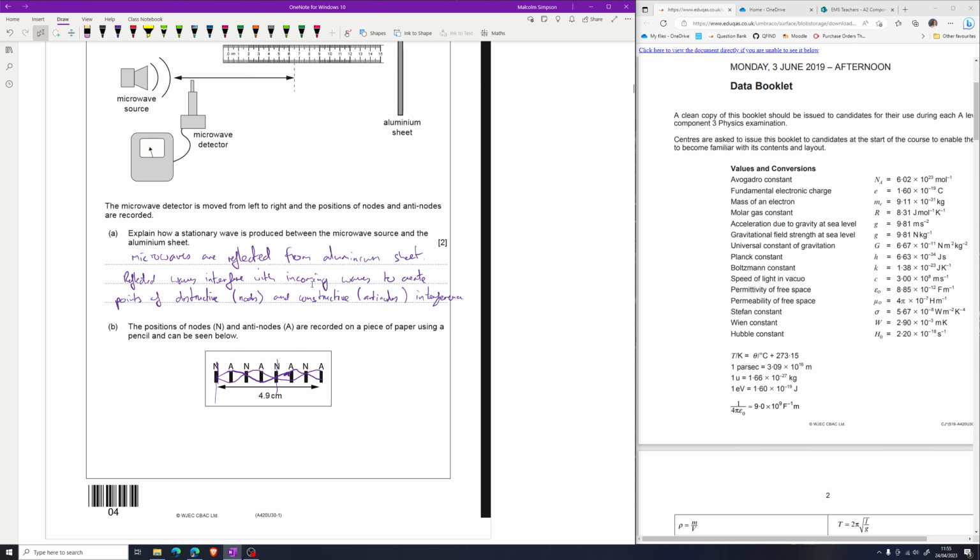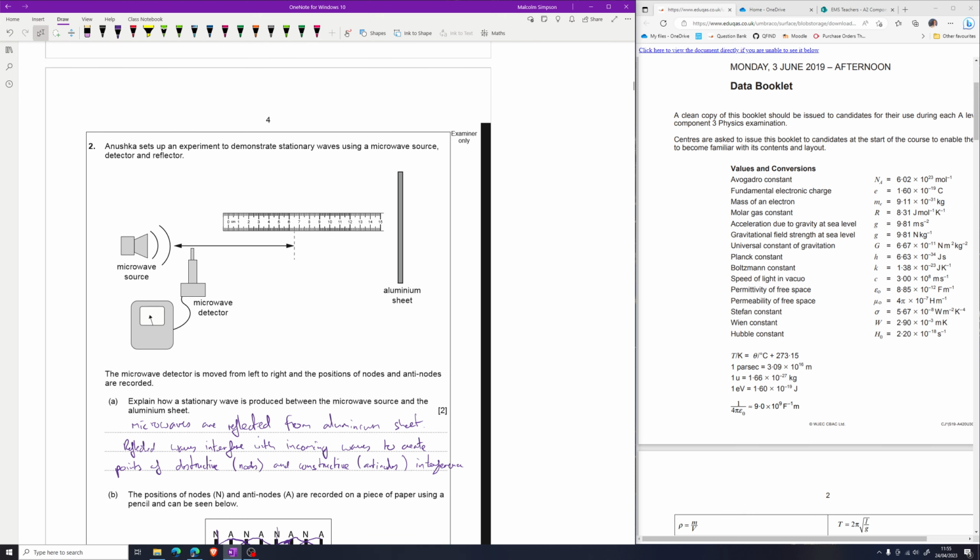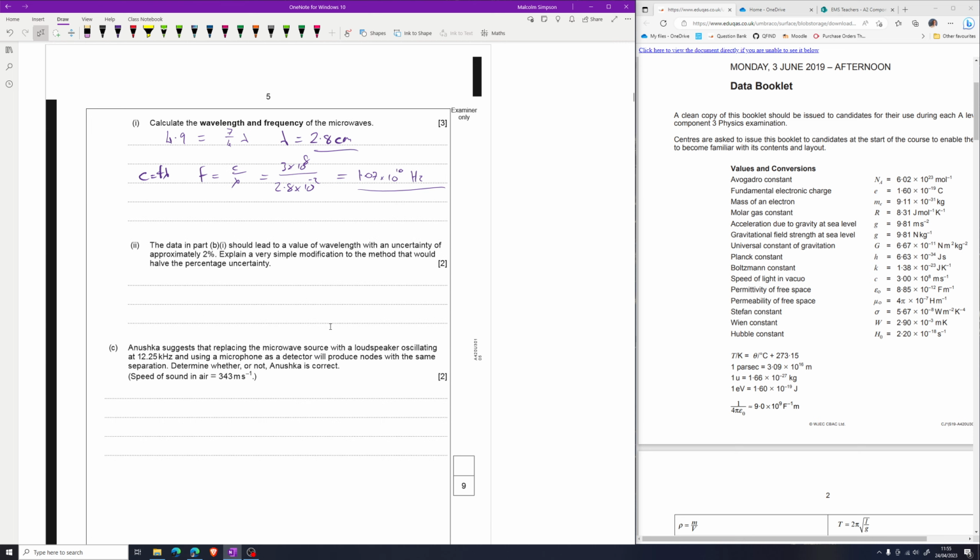We're measuring with this ruler that has millimeters marked on it, and we're measuring 2.8 centimeters. Notice it's a modification to the method, not to the equipment, so I don't think we'll get any marks for saying use a better ruler. We've got to change the method to halve the percentage uncertainty.